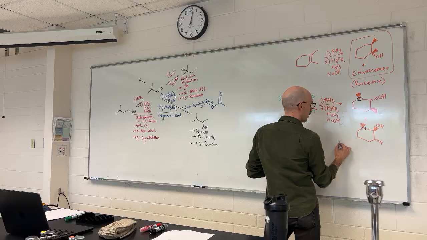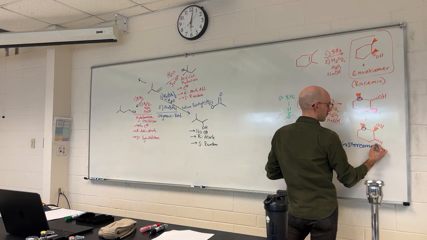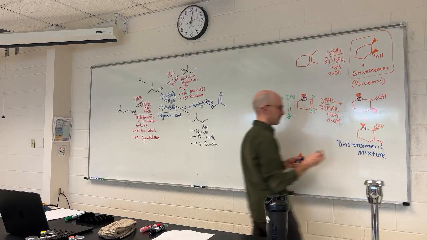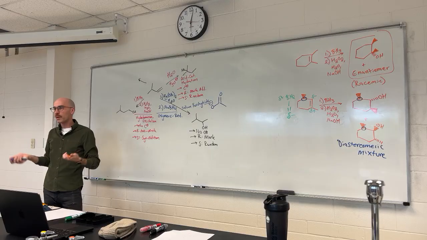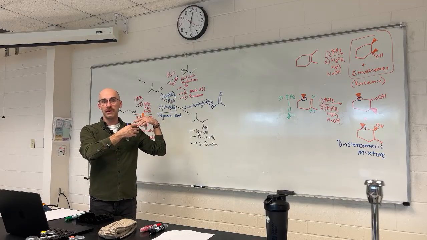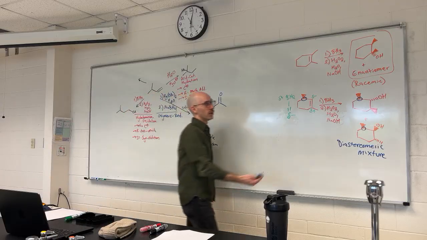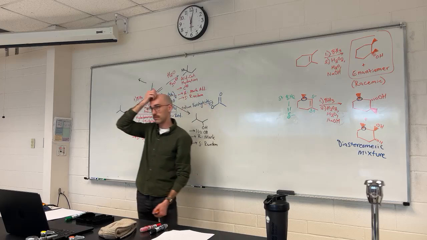So this is what we call a diastereomeric mixture. They do not form enantiomers because there was already a chiral carbon whose chirality does not change, while the new chiral centers do change.